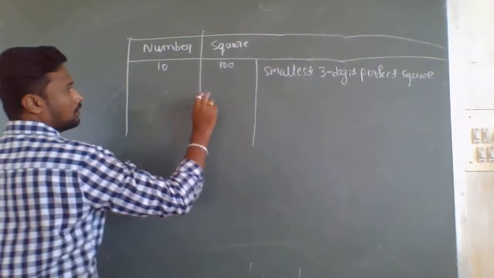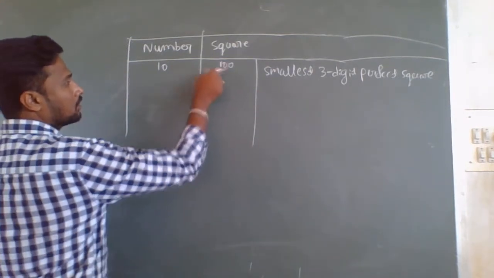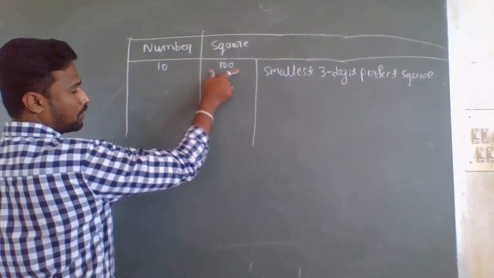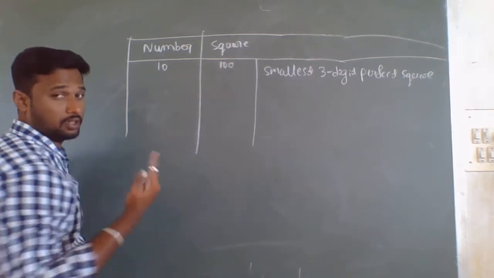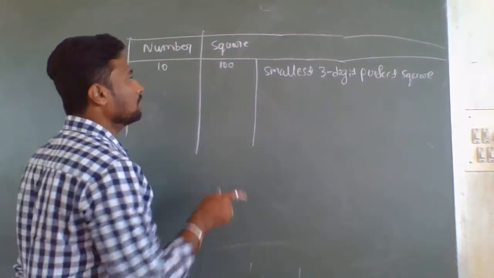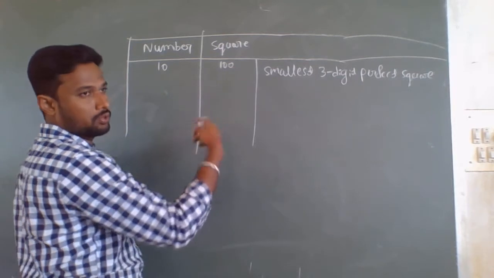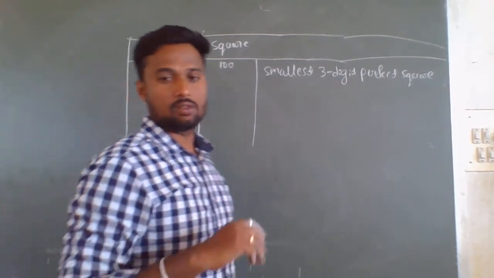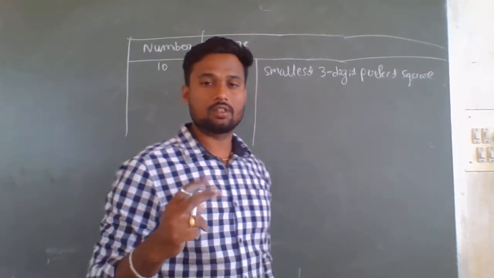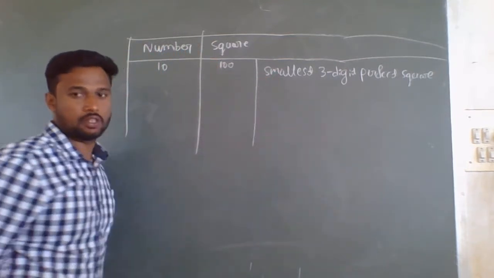You can see this 100 contains 3 digits, and this is a perfect square. 10 into 10 means 100. So 100 is called a perfect square, and this is the smallest 3 digit, because before this 99 is there, and 99 contains only 2 digits. So 100 is the smallest 3 digit perfect square number.